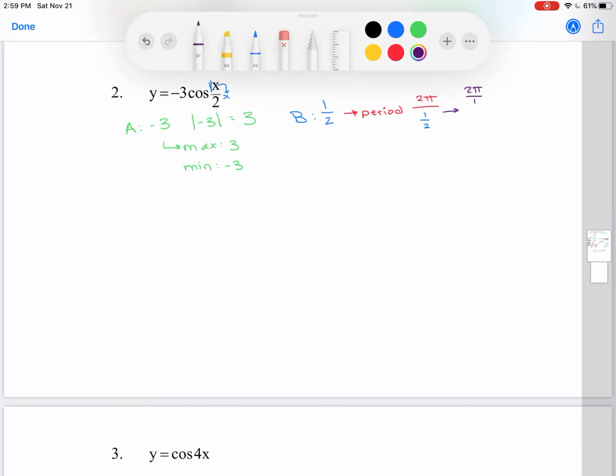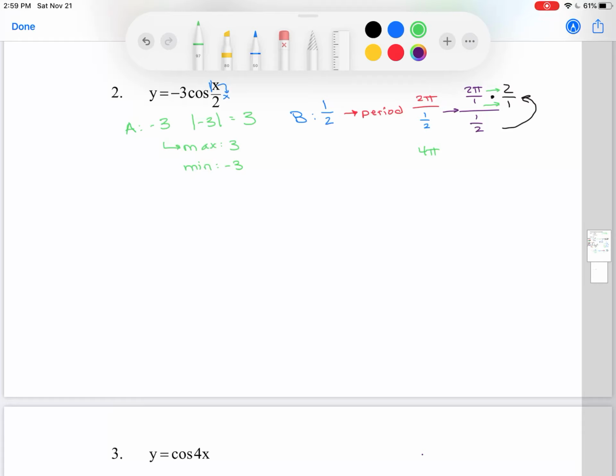Now that we know our b, let's identify my period. Period is always the function 2 pi over my b value, which we just found was 1/2. Well, you have a fraction divided by a fraction. This is technically, if I were to rewrite it, 2 pi over 1 divided by 1/2.